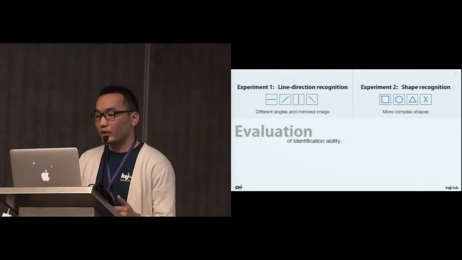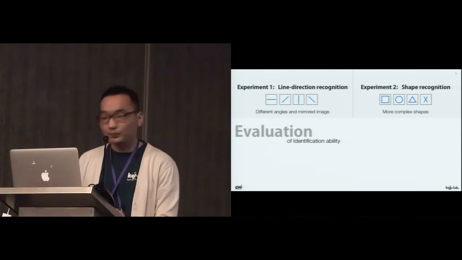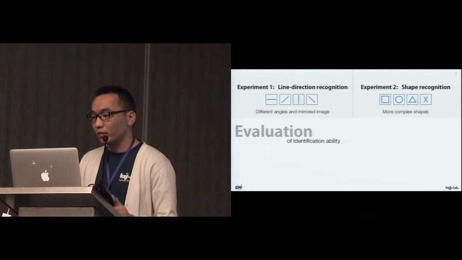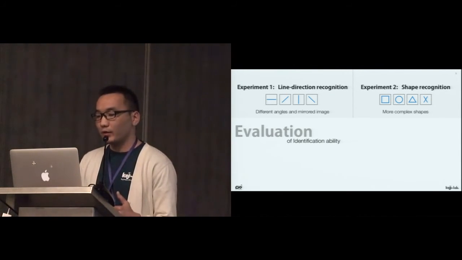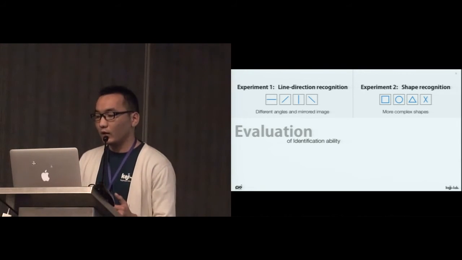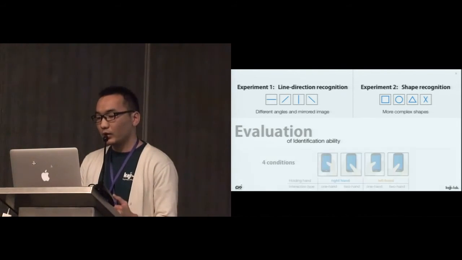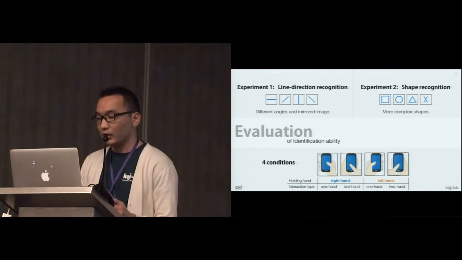The first experiment is a line direction recognition. We conducted this experiment to make sure that confusion doesn't occur between different angles and mirror images, because the tactile image is on the back of the smartphone. The second experiment is shape recognition. This experiment was to validate the ability to identify more complex shapes. And we conducted each experiment in 4 conditions for different interaction types.